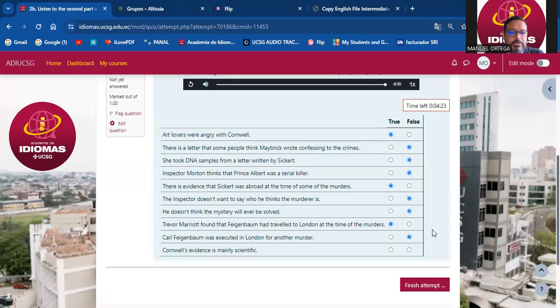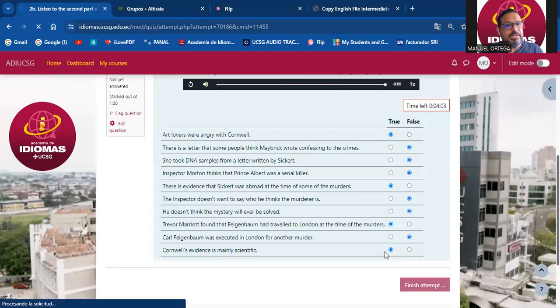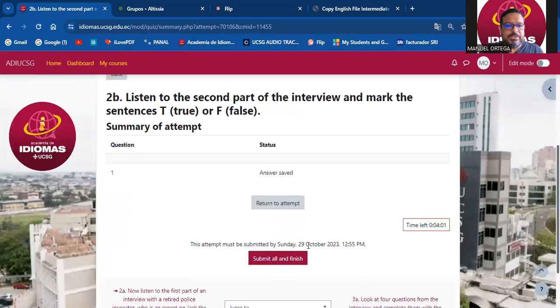And Cornwall's evidence is mainly scientific. Yes, because she's working with the DNA, right? DNA is the equivalent of ADN. In Spanish, ADN, in English, DNA. There you have it. So let me take a look at my answers to see if I got a good score.